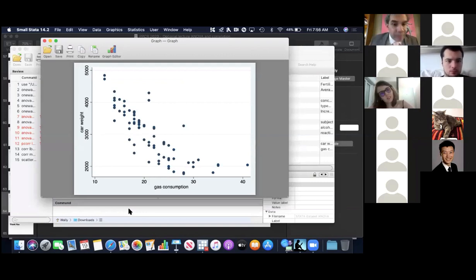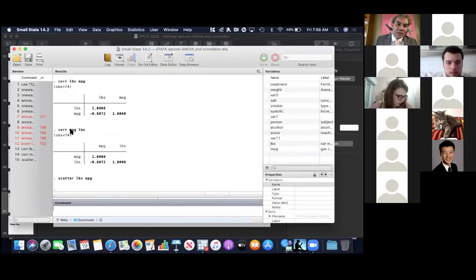Correlation. Yes, car weight, gas consumption. So the more my car weighs, the fewer miles per gallon it will give me. So it's a negative correlation. Okay, it's very easy to do. Correlations in STATA are very easy to do with the core command.